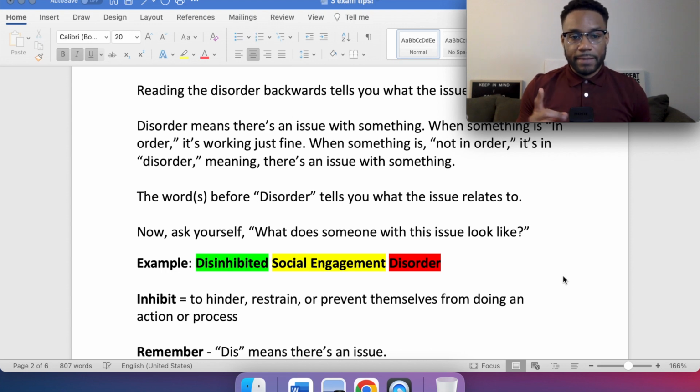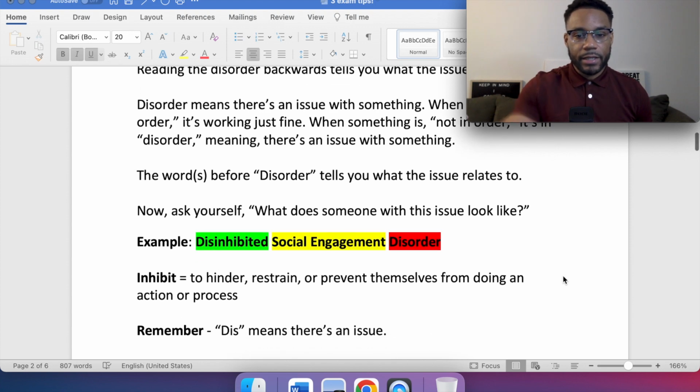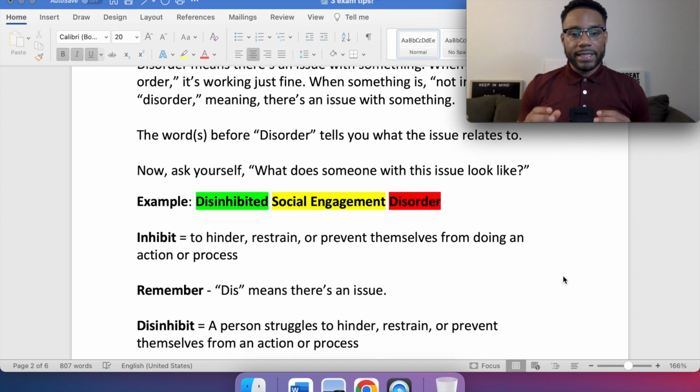So, example, disinhibited social engagement disorder. Inhibit means to hinder, restrain, or prevent themselves from doing an action or process. Remember, dis means there's an issue with something, so a disorder.